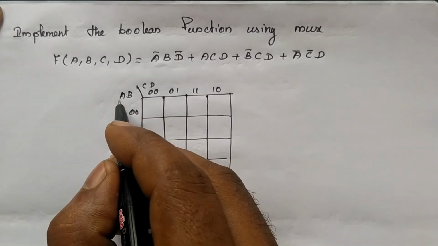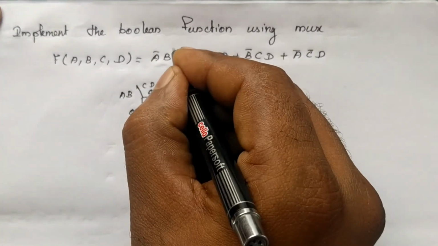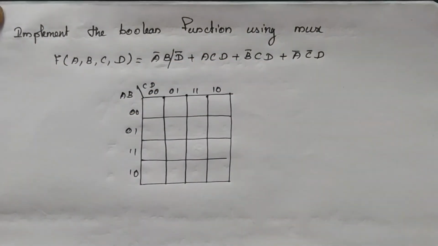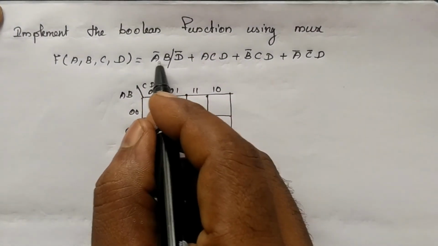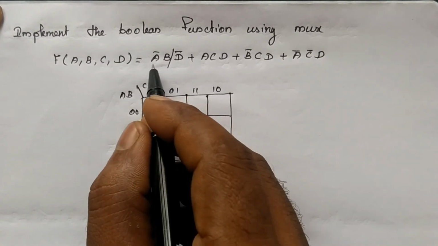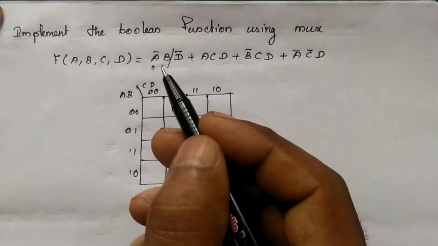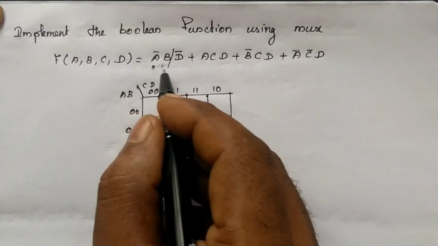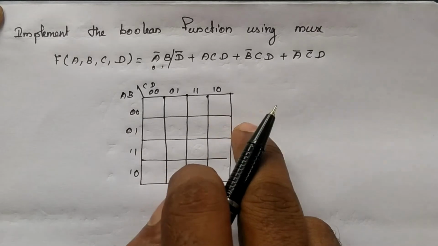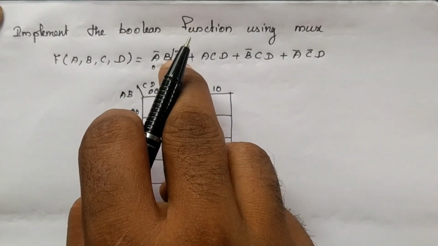On the left side we have A, B, so we can split it into 2. Here we have A bar B. A bar is nothing but the 0 1 value. Therefore, row wise we have the value 0 1, that means this row, and column wise we have D bar.